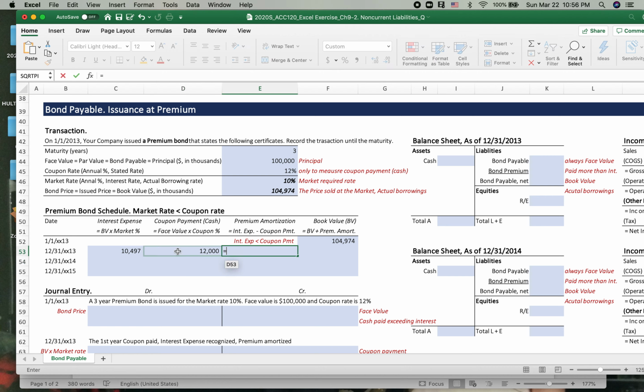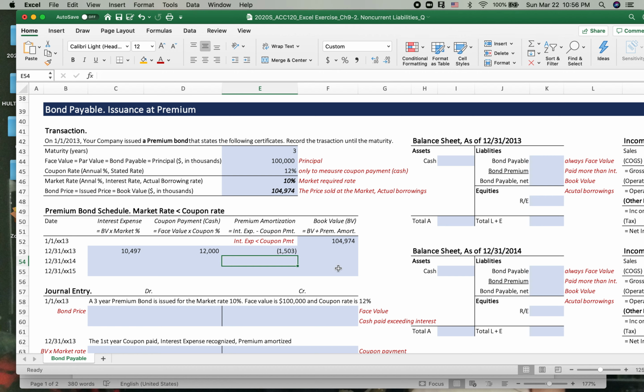Then what is the difference between the interest expense and the coupon payment? $1,503 is the difference between the two. Why does this difference happen? Because the interest expense the company recognized based on the market rate of 10% is lower than the coupon payment. So the premium amount of 4,974 we recognized in the first place should be reduced by this amount.